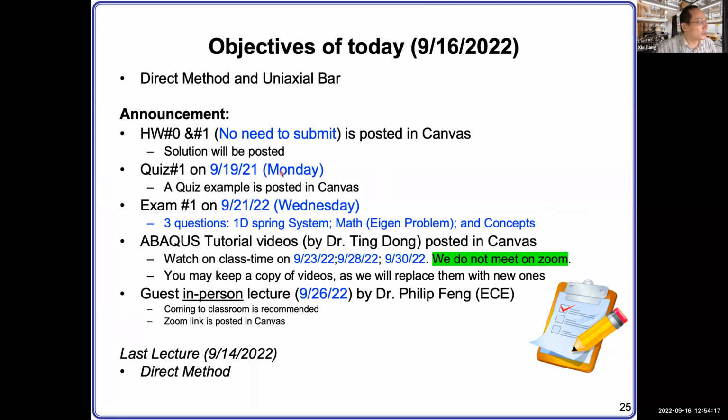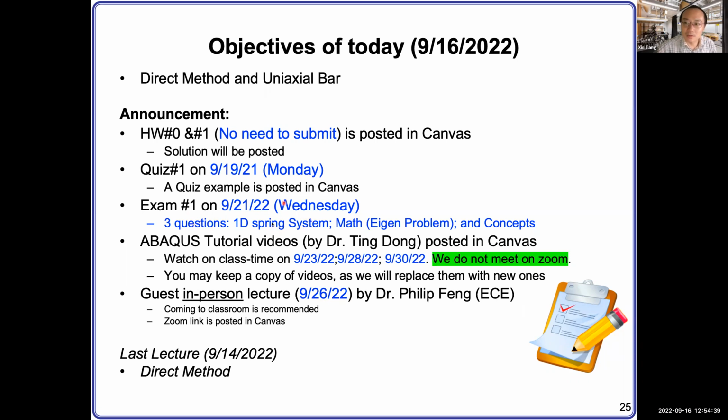So that's for the quiz. For exam number 1, that will be Wednesday. We will use the whole class to do the exam. It will start at 12:50, and we will have 3 questions in exam number 1. The first question will be the 1D spring system.